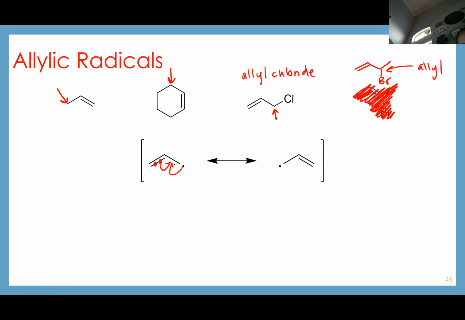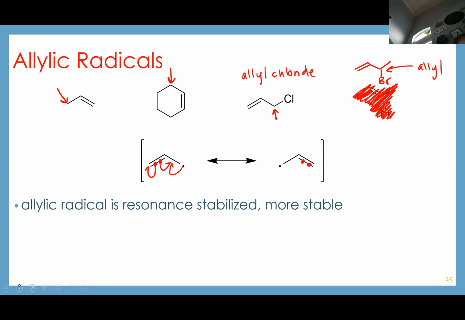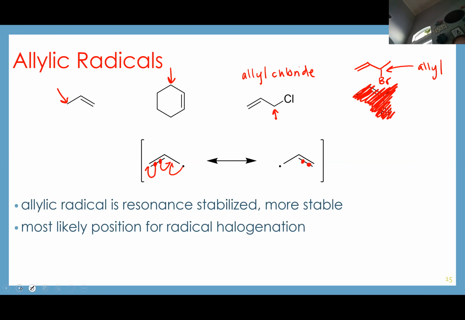You can form a new pi bond here, and the other electron would end up on the end, and that gives you resonance of the radical. Remember, resonance is stabilizing. Anything that is more stable is also potentially more reactive. It's the more likely position for radical halogenation. So if there is an allyl position, that is where a radical reaction will occur.